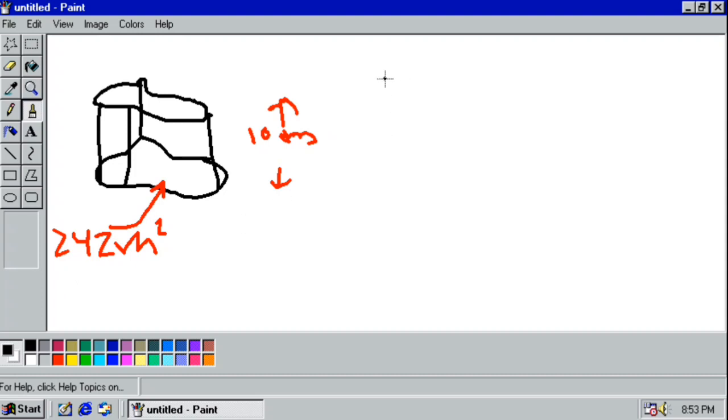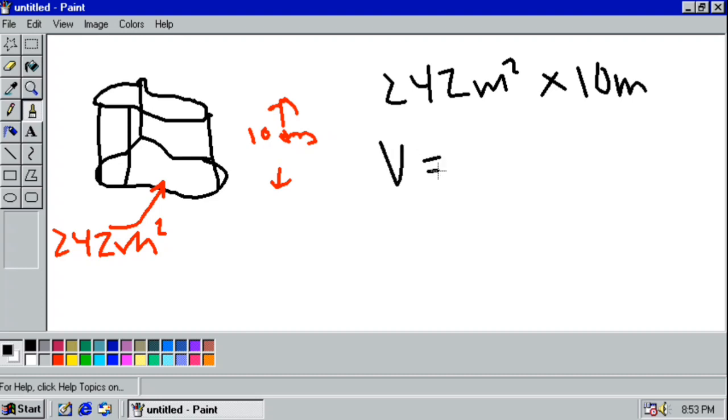Our base here is 242 square meters, and our altitude, or the height, is 10 meters. Let's multiply them. So the volume of this figure is 2,420 cubic meters. So this is the answer to your problem.